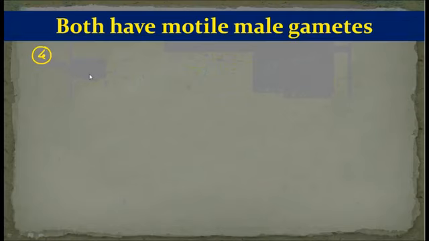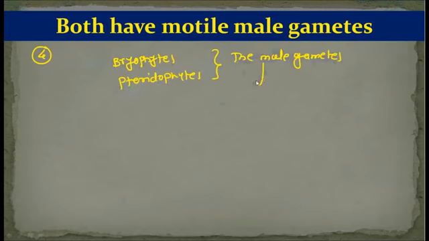Now, the fourth similarity between the bryophytes and pteridophytes is that they both have motile male gametes. In both, the male gametes are motile in nature. What is meant by motile? Motile literally means having the ability of locomotion.